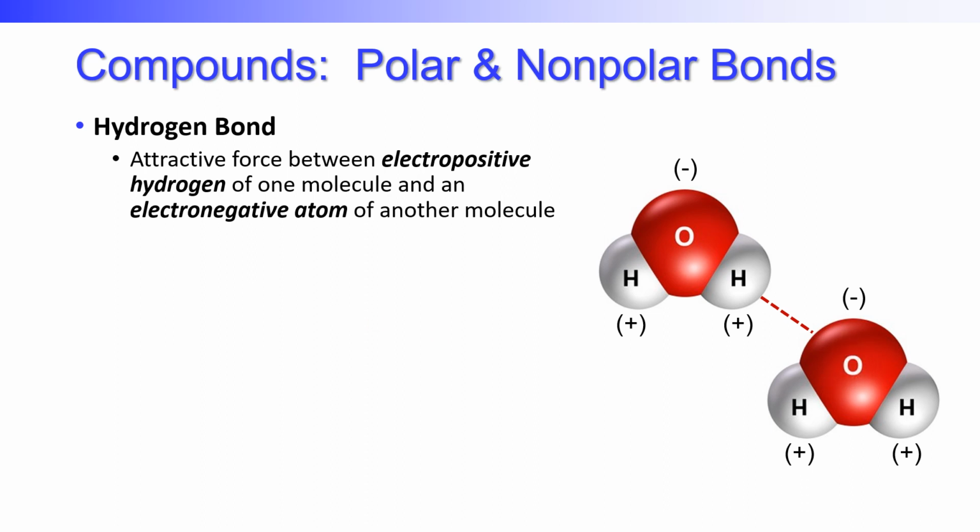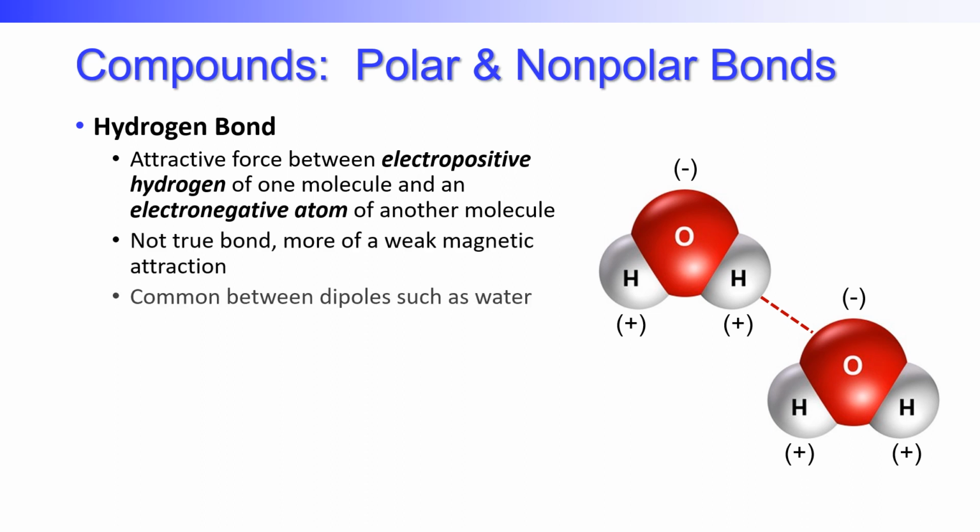So that's what a hydrogen bond is. Not a true bond, like I said, more like a magnetic attraction. But we see this commonly with molecules that have a polar or a dipolar presence, such as water. And in fact, it is this quality of water that makes it liquid. So this little attraction between this electron-starved hydrogen and this electron-abundant oxygen is what allows water to be water at room temperature.